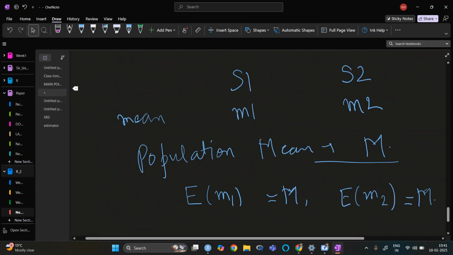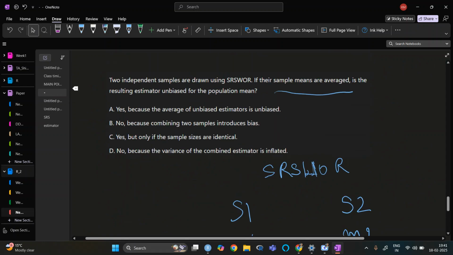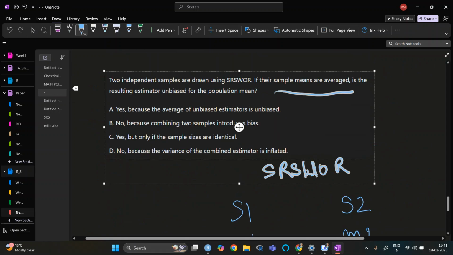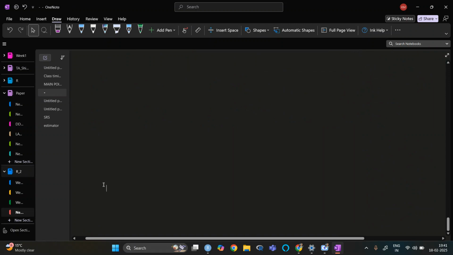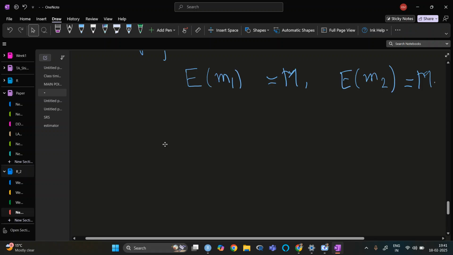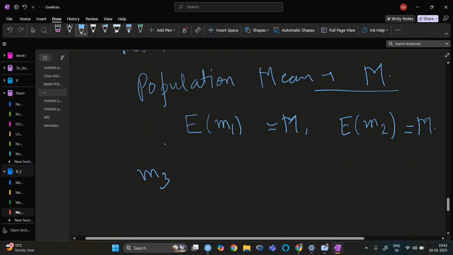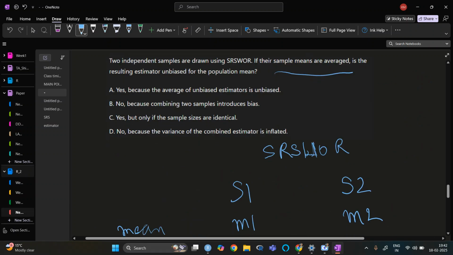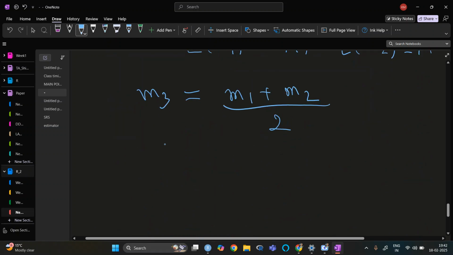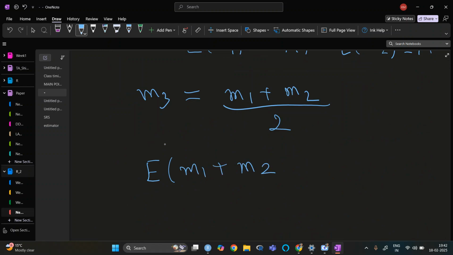Now, I am taking the average of the two sample means. Let me just remove this one. So now I'm taking M3, which is M1 plus M2 by 2. Now the question is whether it is an unbiased estimator or not. The expectation of M3 is the expectation of M1 plus M2 by 2.